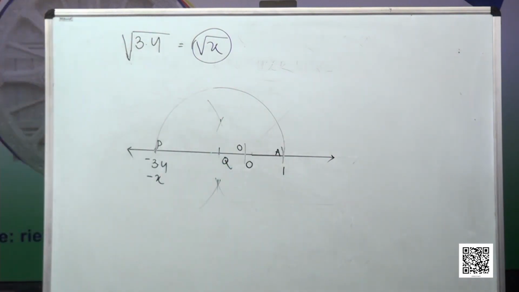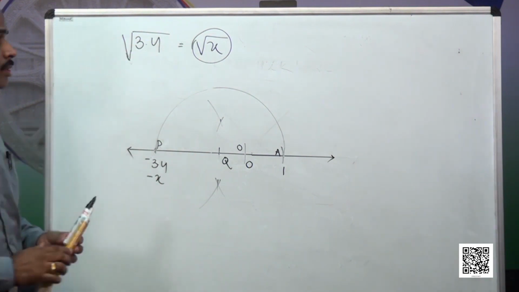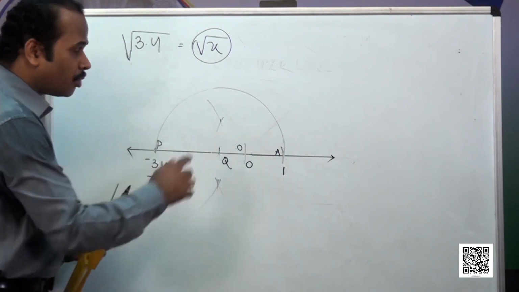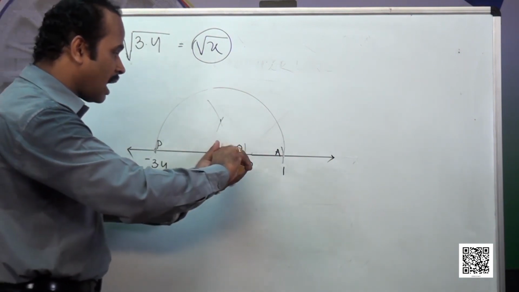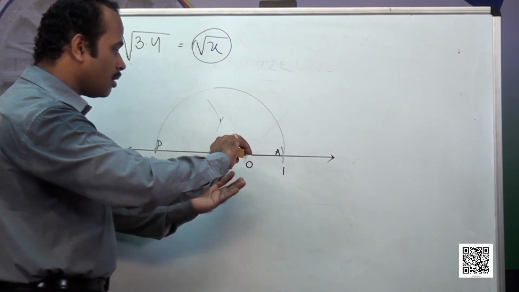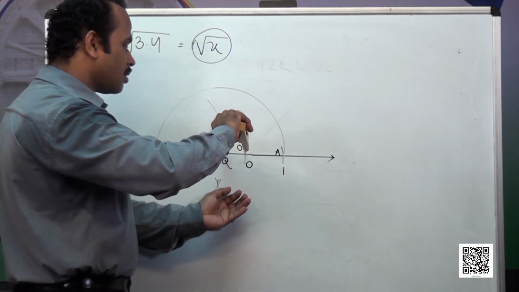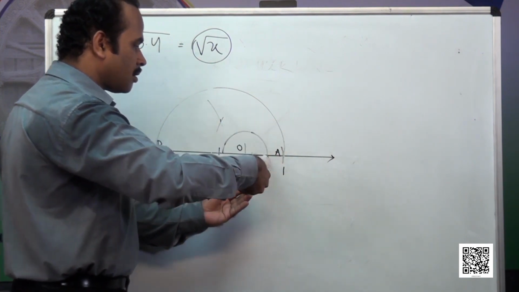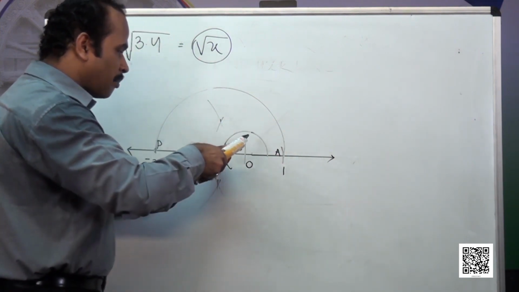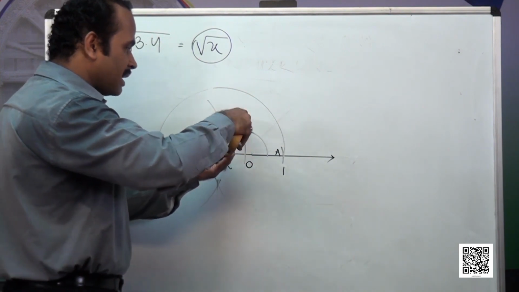Now, after constructing the semicircle, I will go to the point O where I have taken 0. From 0, I will construct another perpendicular. To construct a perpendicular here, let me bisect this 180 degrees.